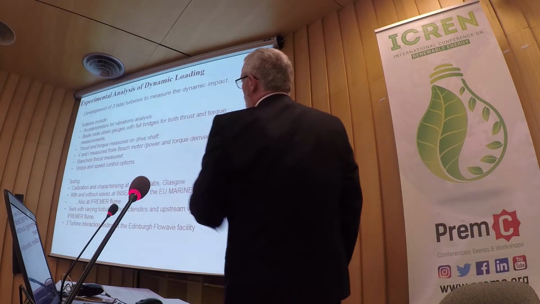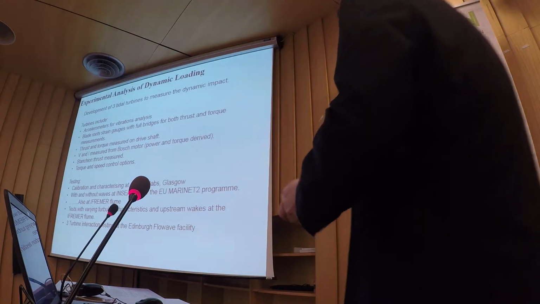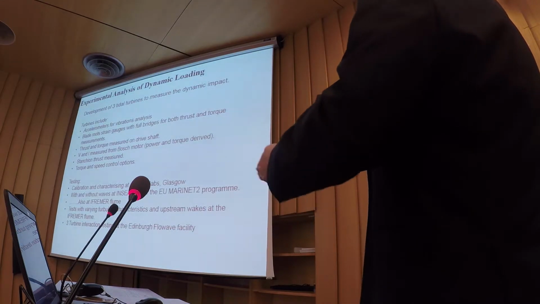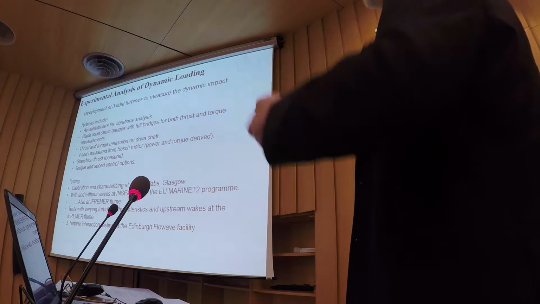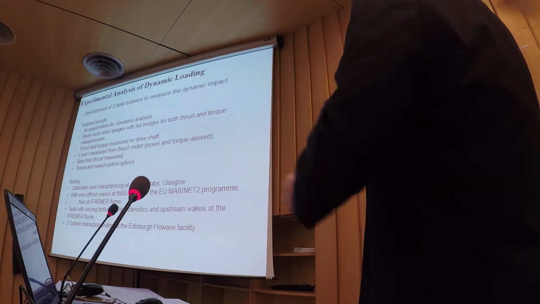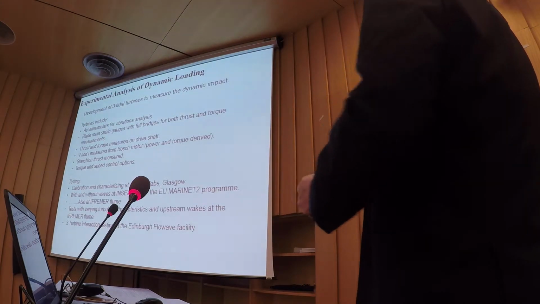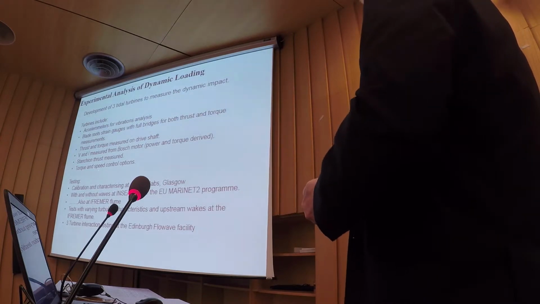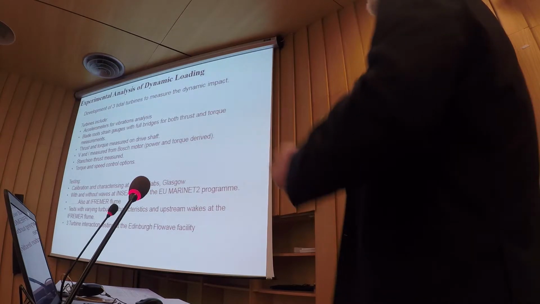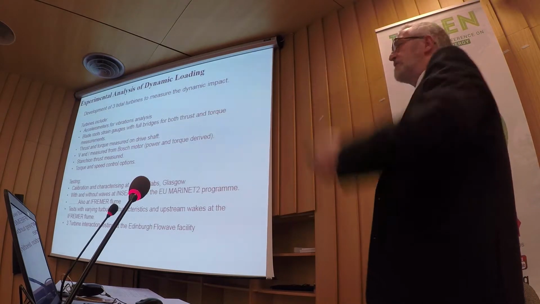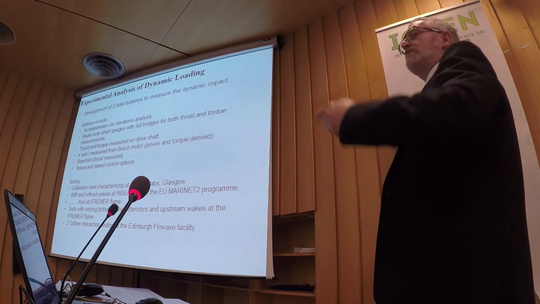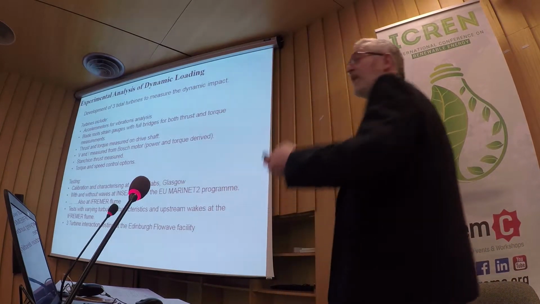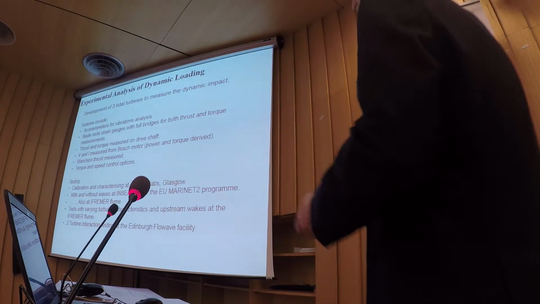We've got the power and torque that comes out from the motor. We're also strain gauged to the stanchion, so we can get that, and we can operate in speed and torque control. Now, full-scale turbines tend to be torque controlled. Scaled ones tend to be speed controlled. Big problem with doing speed control, it doesn't give you the extreme loads. The torque control doesn't react enough, so you end up getting more loading when you have waves or turbulence.